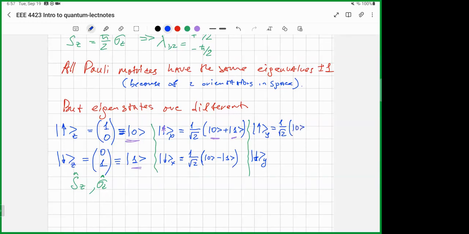It's 0 plus i times 1, and likewise for down, 0 minus i times 1.